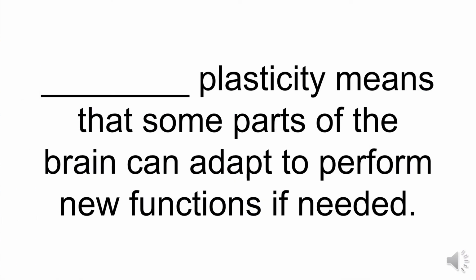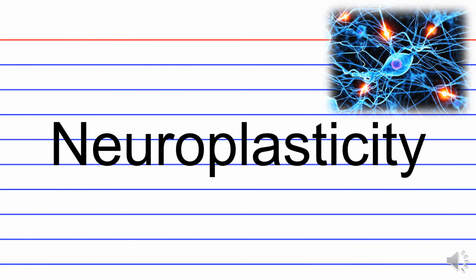Blank plasticity means that some parts of the brain can adapt to perform new functions if needed. So what word describes this? This is a really cool concept, by the way. That would be neuroplasticity.